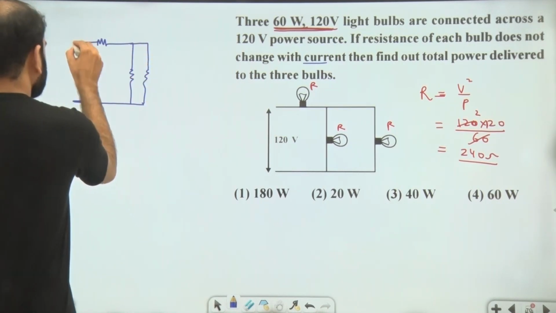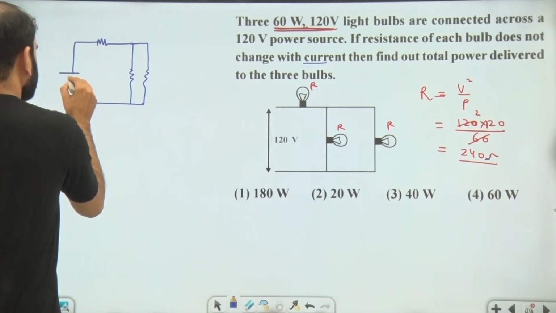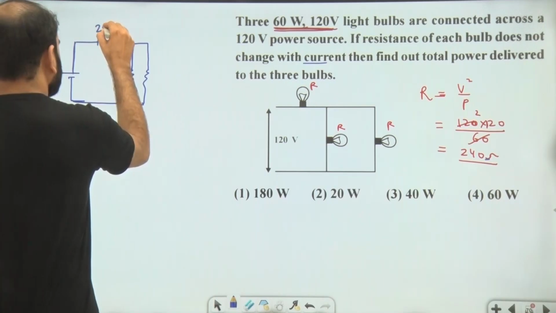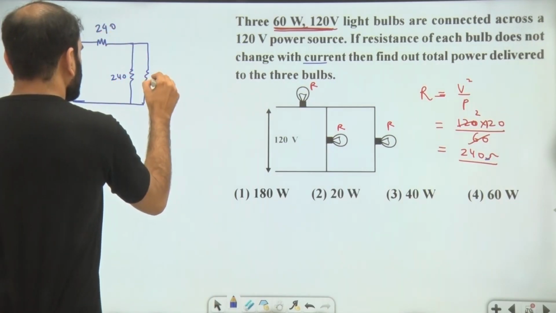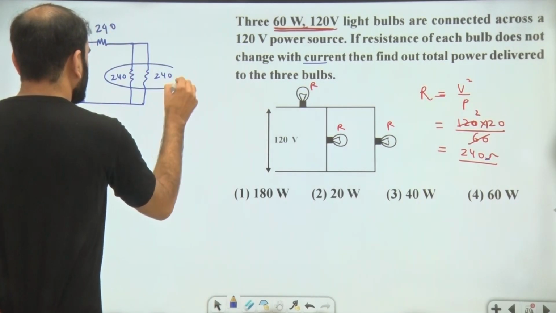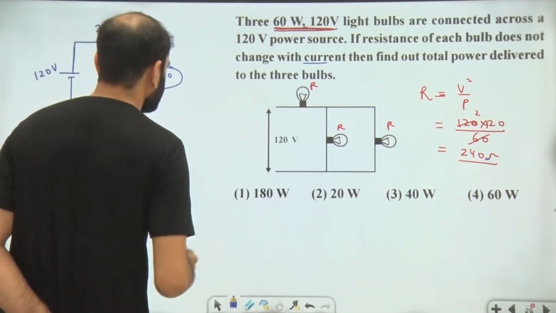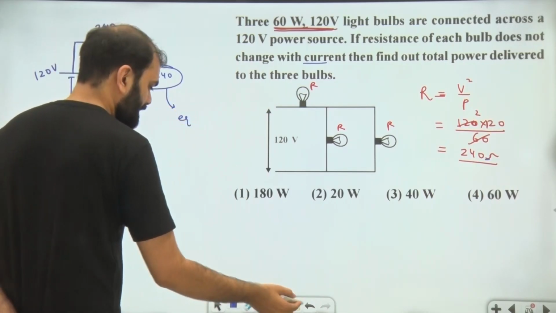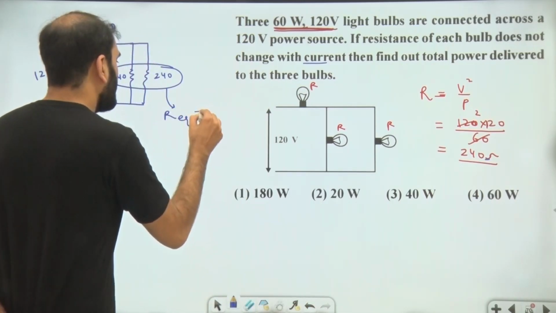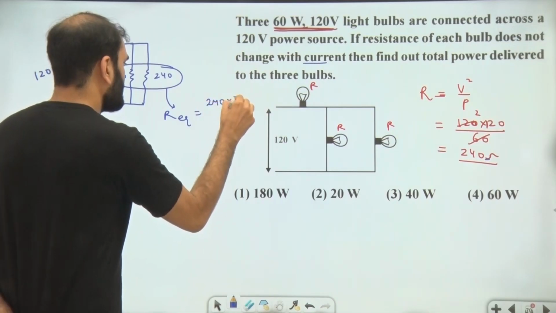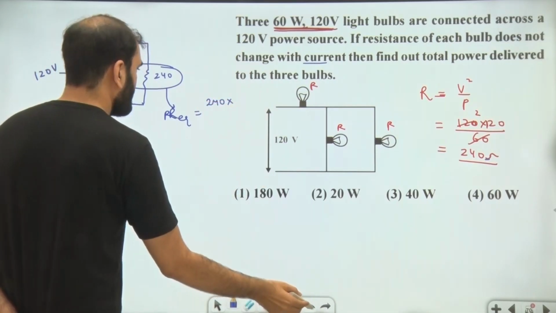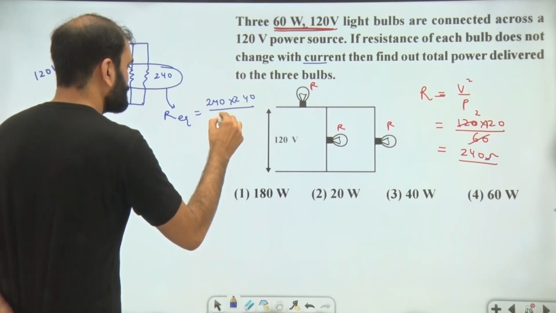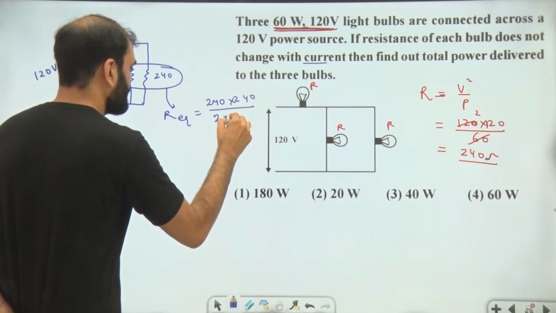I'm simplifying with the battery connected, 120 volt, and resistors of 240 each. The total resistance becomes, since both resistances are equal, R equivalent equals R1 R2 upon R1 plus R2, that is 240 into 240 upon 240 plus 240, which means 2 into 240.